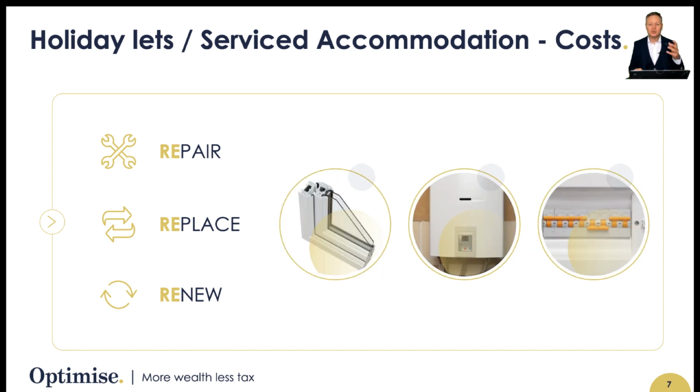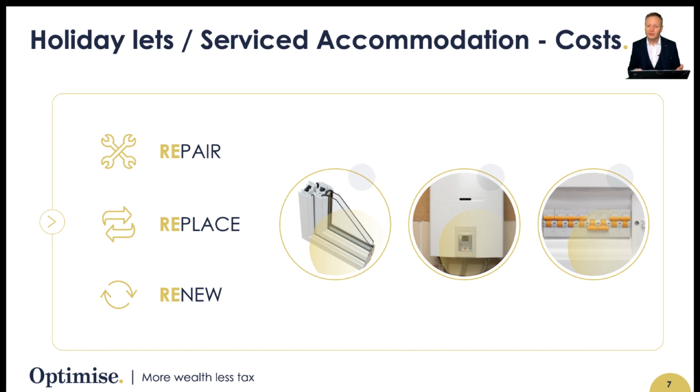Things like changing single glazed windows to double glazed windows may be seen by other accountants as an upgrade. Well, that's not the case. It is a replacement. All a window is doing is stopping the rain and the wind from getting into your property and keeping your guests warm and dry. So from HMRC's perspective, they understand this, so the cost would be allowed if you replaced your windows.